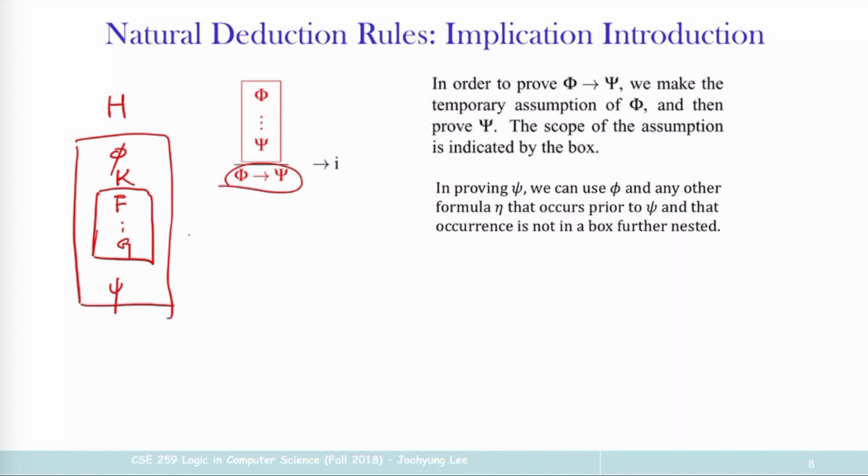Are we together? So what are these F, G, K? Any formulas. Phi, psi, F, G, H, K, they're all just formulas, because in natural deduction you see just a bunch of formulas written line by line. All right, so this is the rule.